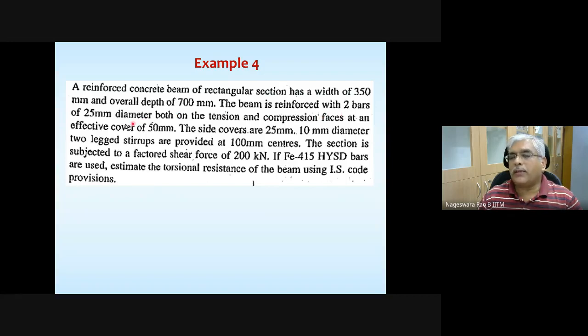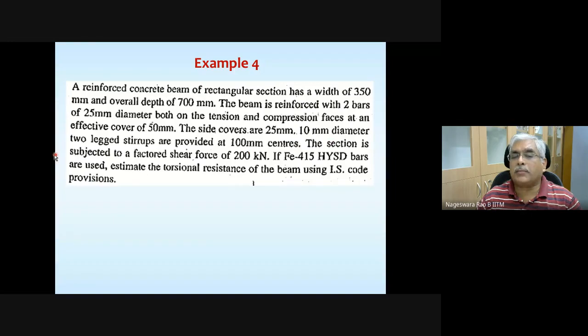Also the effective cover is given as 50 mm. Based on this information, you should be able to calculate what B1 and D1 are. Side covers are 25 mm. 10 mm diameter, 2-leg stirrups are provided at 100 mm center to center spacing.